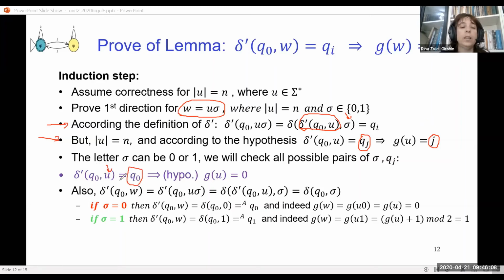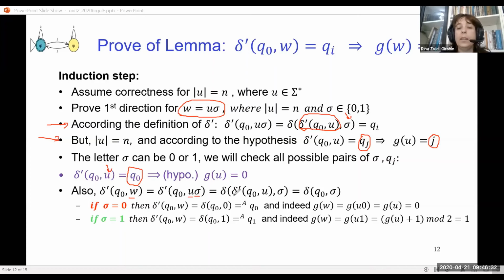So when I started reading the prefix U from Q0, I finished reading it in Q0, and by the induction hypothesis, we know that G of U equals 0. Now I analyze the word W. The word W is built from prefix U and sigma.